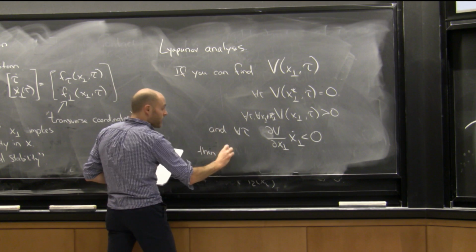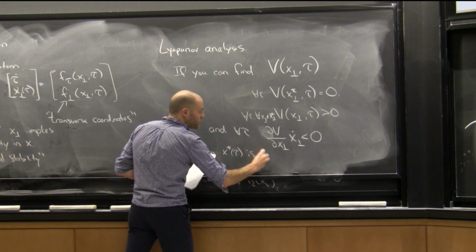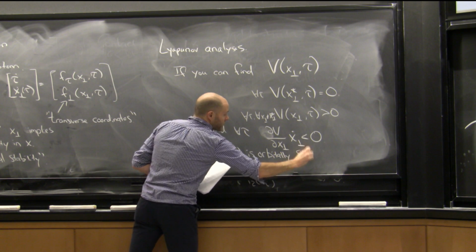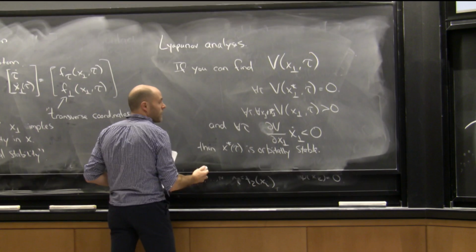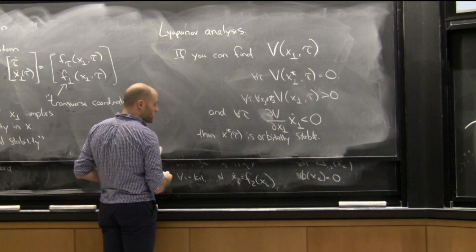Then x perp of tau is orbitally stable. Limit cycle stable. Okay? Once again, you can have all the permutations.